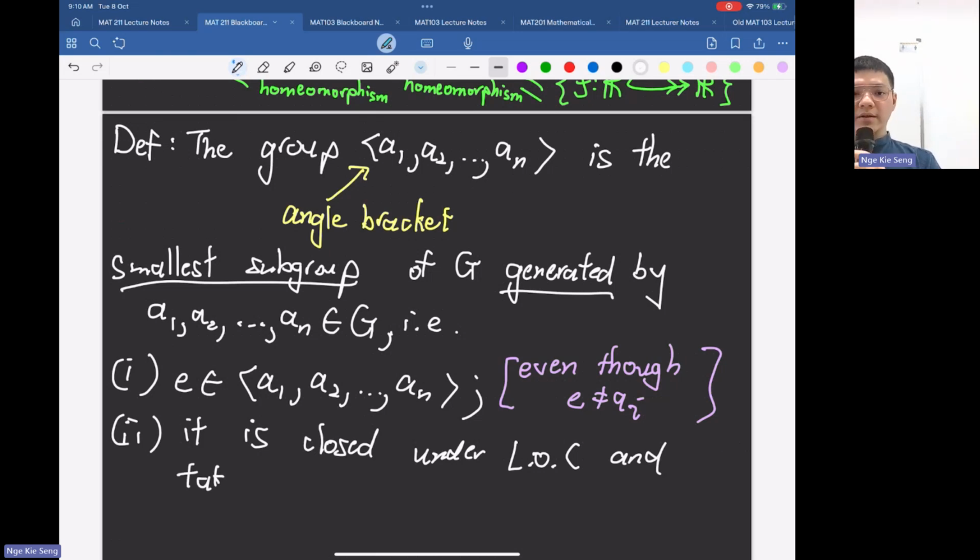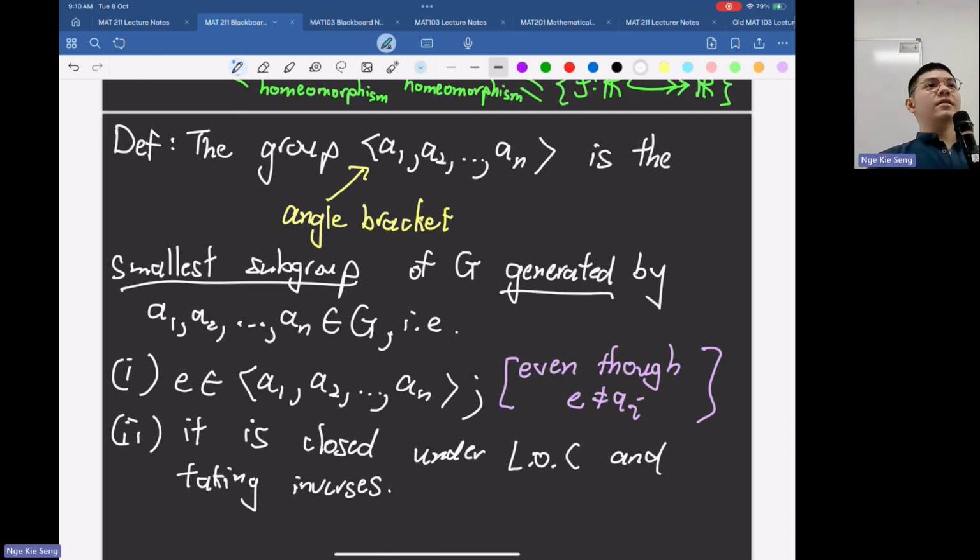Do you understand what it means to be closed under composition and inverses? Let's talk about closed under composition. What does it mean? Can you speak louder?